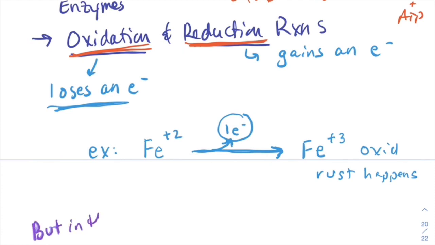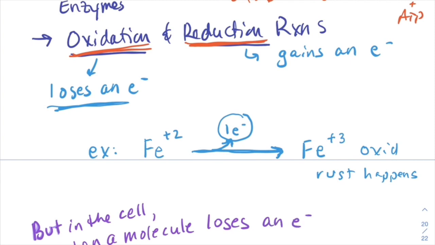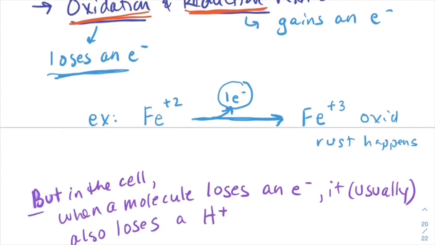But in the cell, when a molecule loses an electron, it usually also loses a proton. This is huge. And we'll talk about why in just a second. So when a molecule loses an electron, when it's oxidized, it usually also loses a proton.